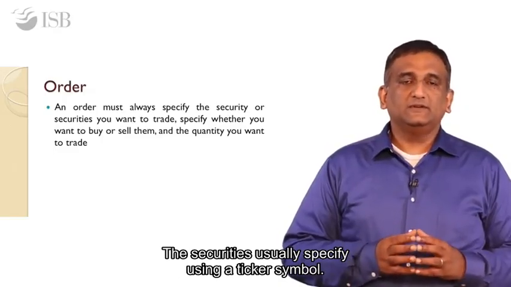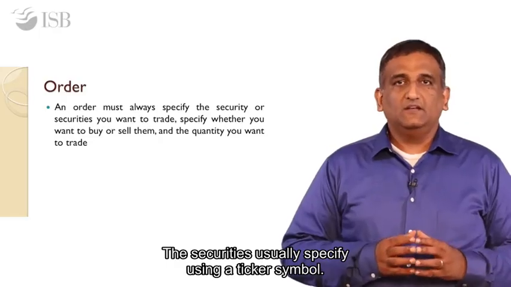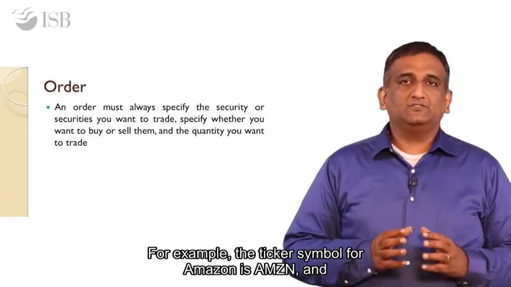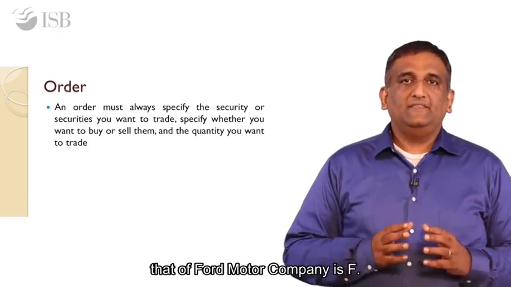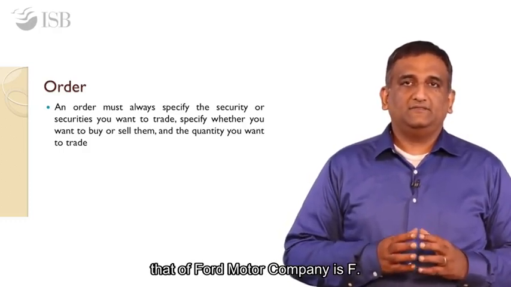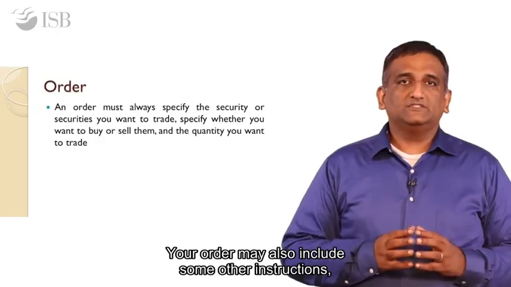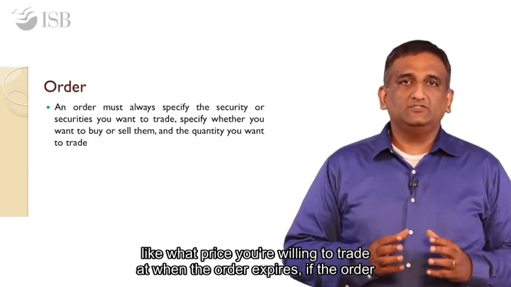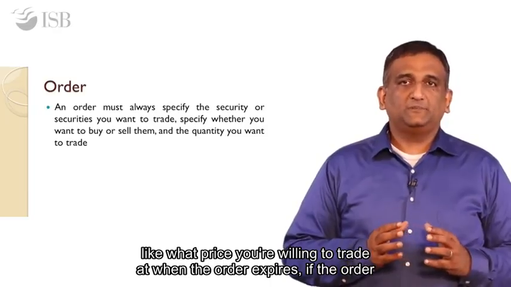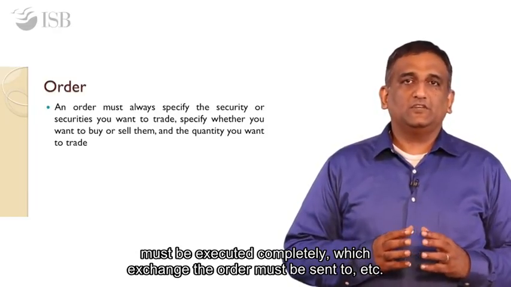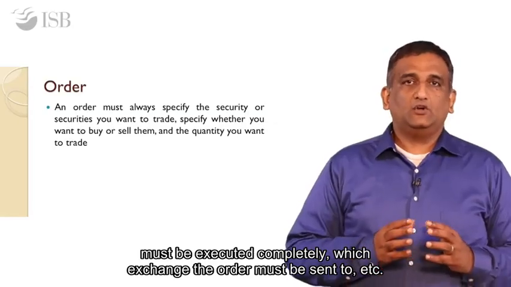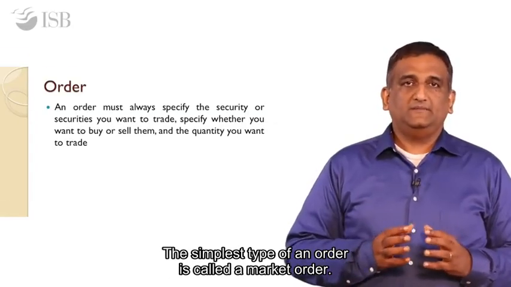The security is usually specified using a ticker symbol. For example, the ticker symbol for Amazon is AMZN, and that of Ford Motor Company is F. Your order may also include some other instructions like what price you're willing to trade at, when the order expires, if the order must be executed completely, which exchange the order must be sent to, etc.